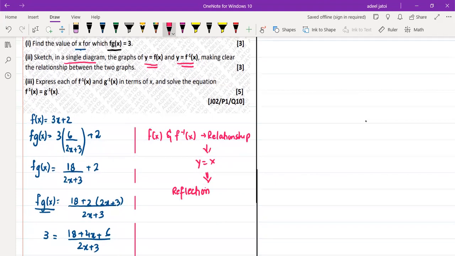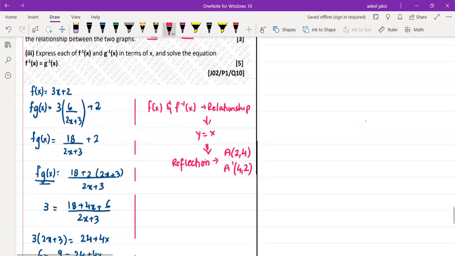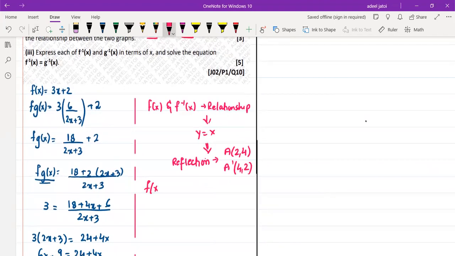It is a reflection in the line y equal to x, which means if a coordinate is (2, 4), the inverse or A dash coordinate will become (4, 2). That means if f(x) coordinates are (3, 5), the f inverse coordinates will be (5, 3).